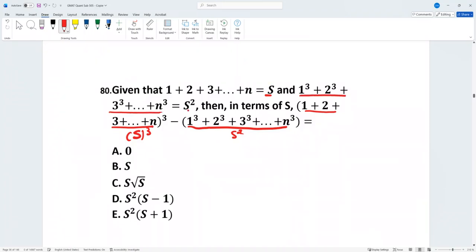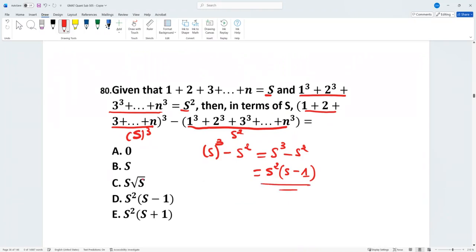So this is simply what this is asking us, is to find the value of this equation. So this is simply s to the power 3 minus s to the power 2. And then if we factor s to the power 2, it's going to give us s to the power 2 times s minus 1.